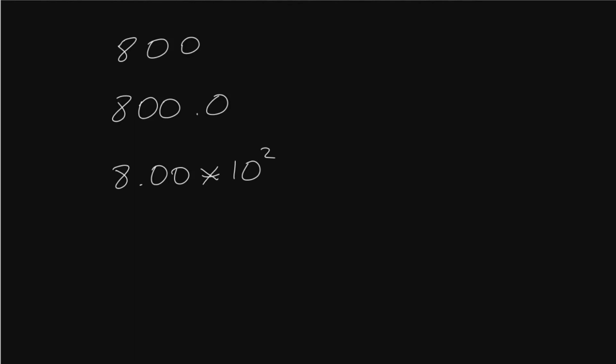I'm going to throw this question to the audience at this point, and let's start with 800. Remember which zeros don't count when you have a big number without a decimal point. See if you can figure out how many sig figs are in that first number.